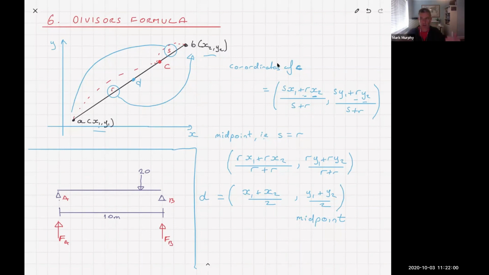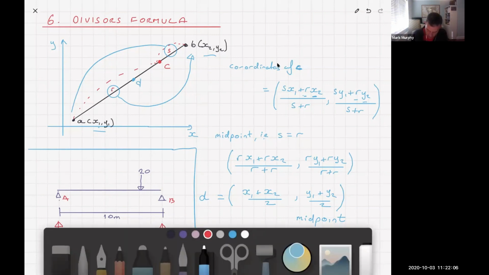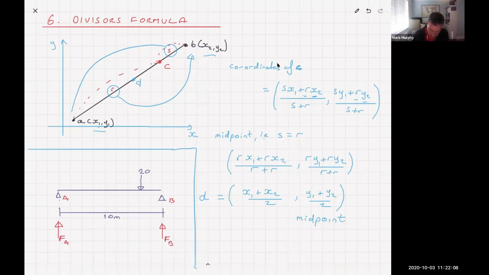So we apply a load of 20 kilonewtons at a point, let's say 8 meters from point A. And then obviously this is 2 meters.